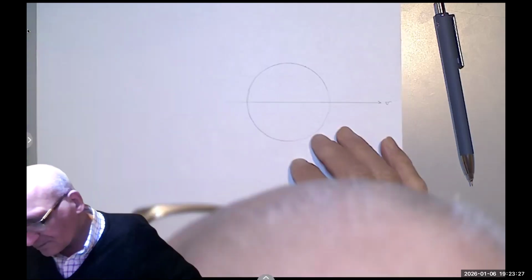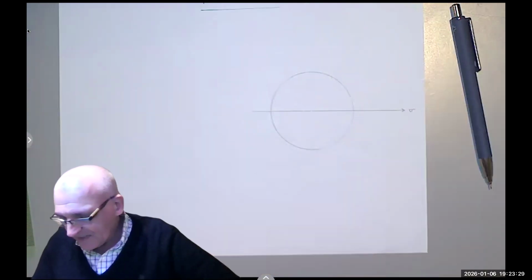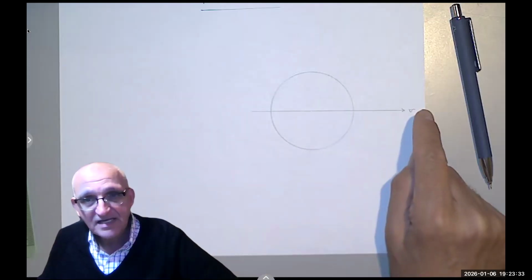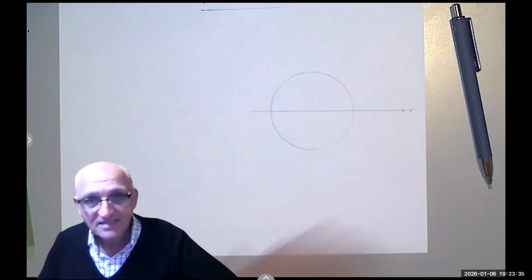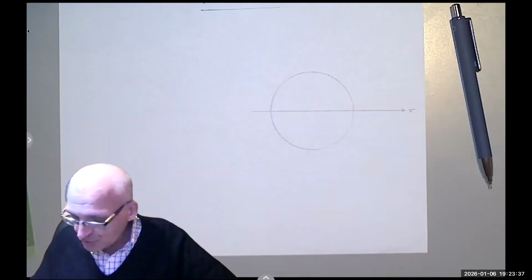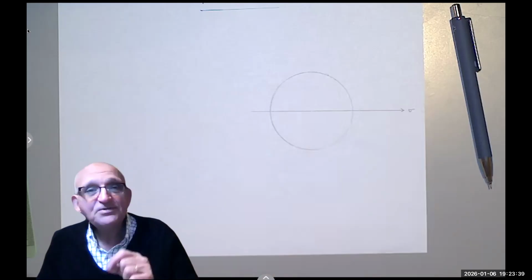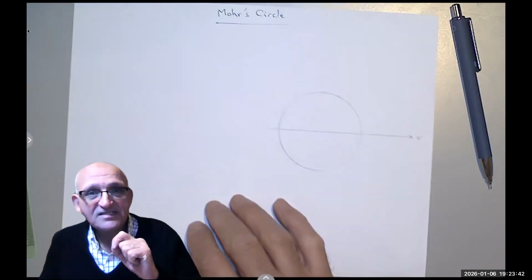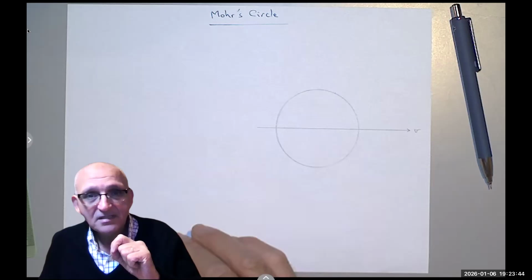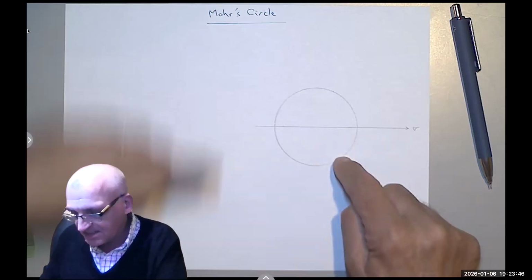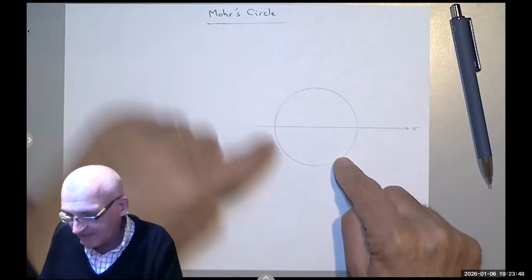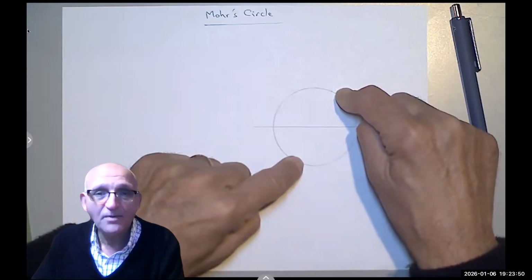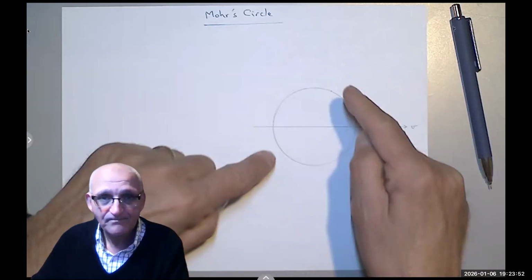However, we are going to say here that we are going to use, as I said, the horizontal as sigma and the vertical as tau. And then 2 points on the circle would represent the state of stress of my part. So if here the x is here, the y would be opposite to it. If the x is there, the y would be opposite to it, and so on and so forth.